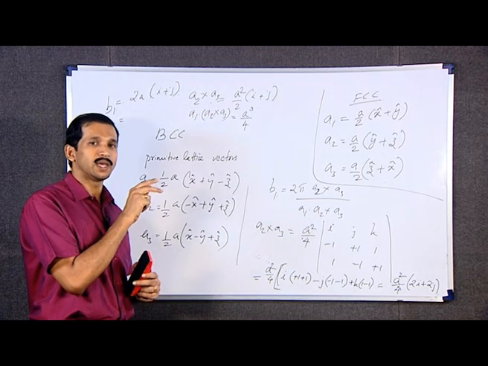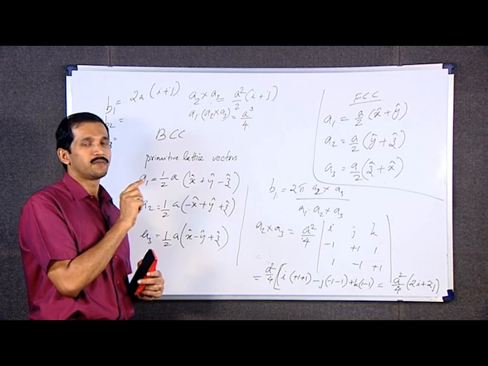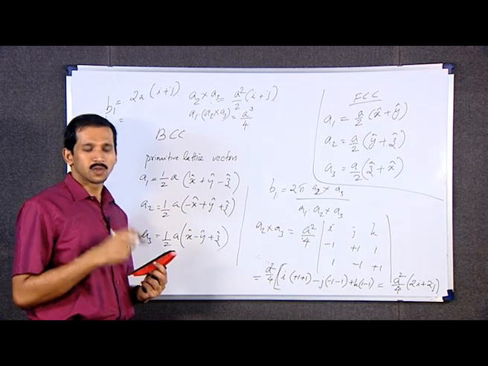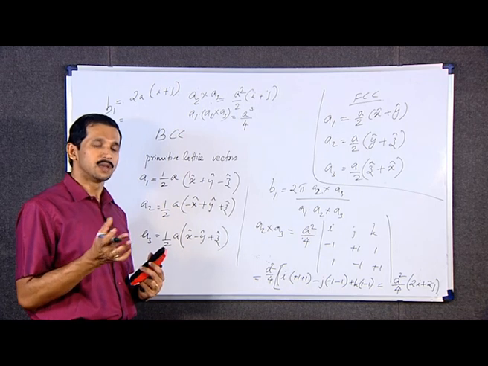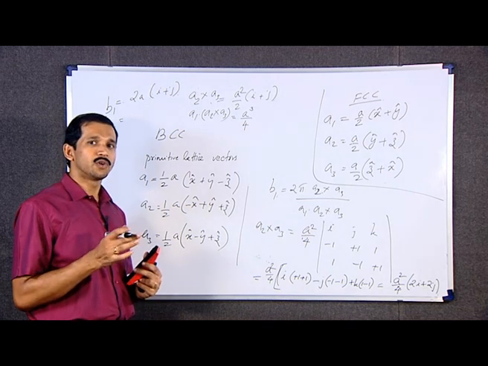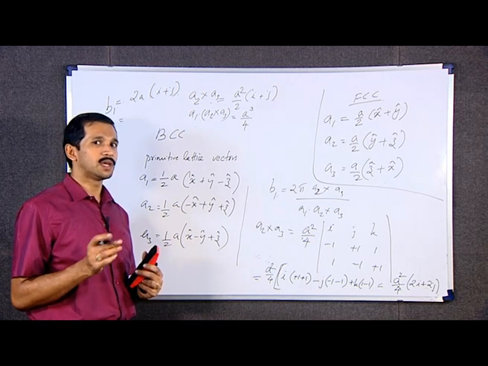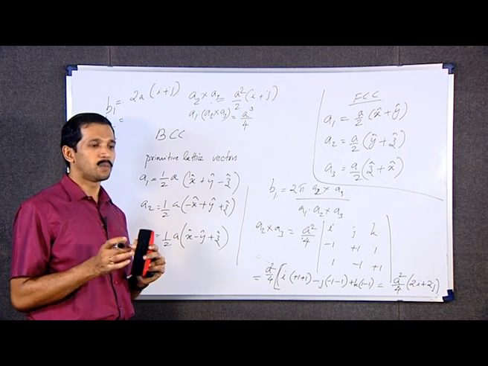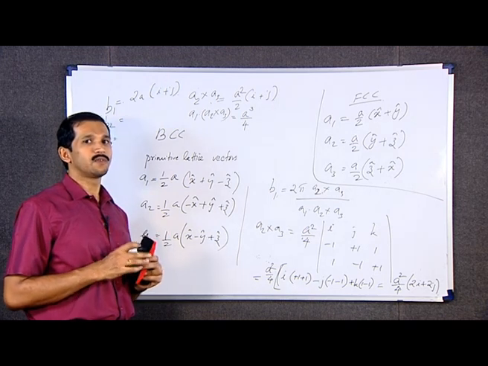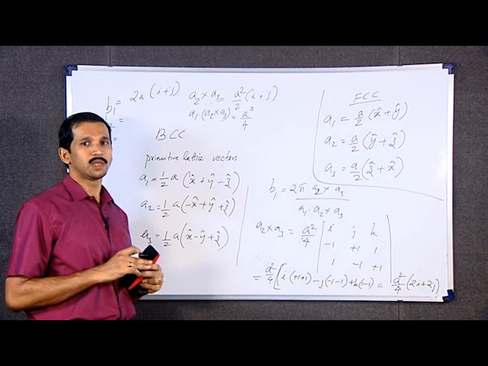So that is how we calculate the reciprocal lattice of different lattices. The evaluation of the reciprocal lattice vectors for another set of primitive lattices would be more complicated because of the more complicated arrangement of atoms, which needs a more time consuming evaluation.